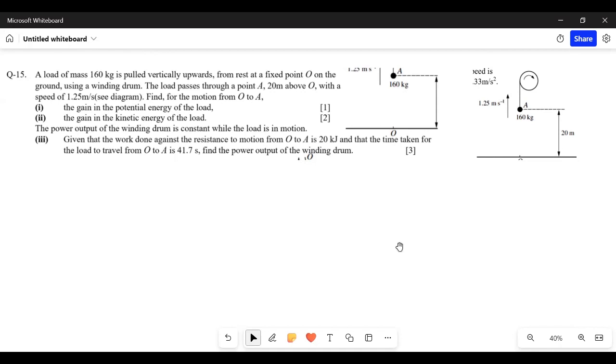The load passes through a point A 20 meters above O with the speed of 1.25 meters per second. Find the motion from O to A, the gain in potential energy of the load.